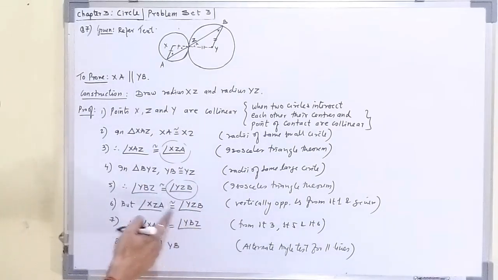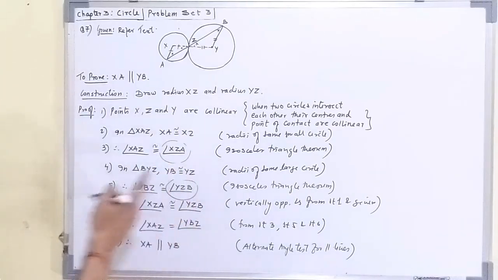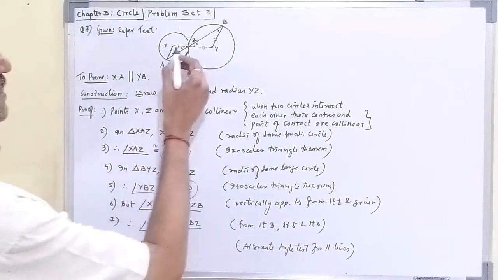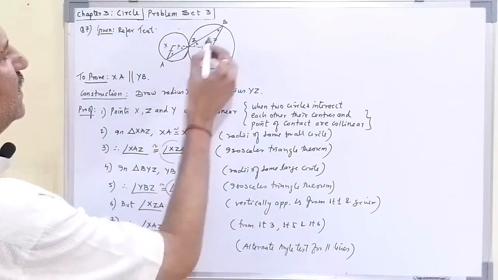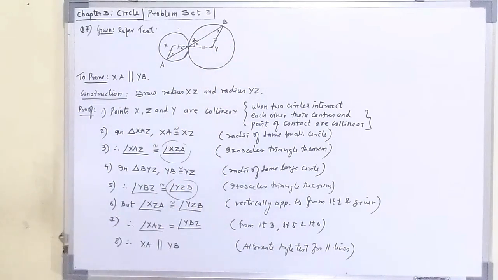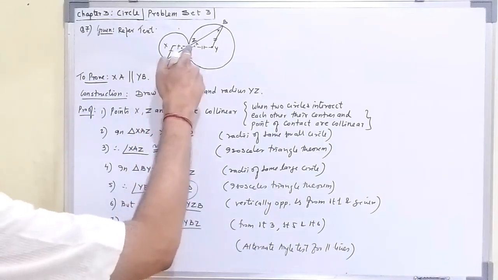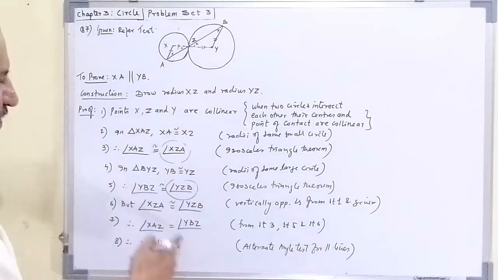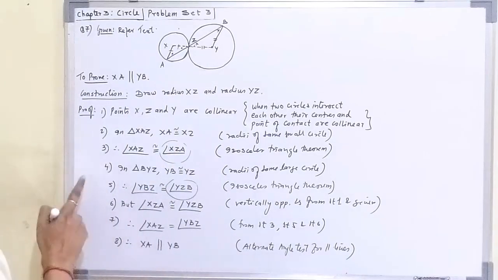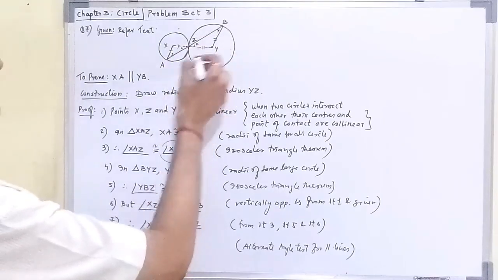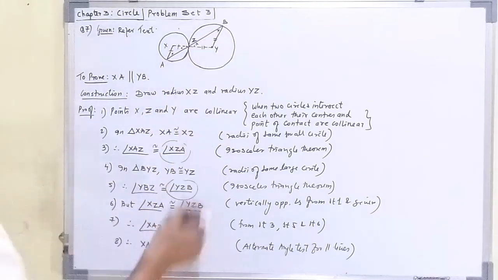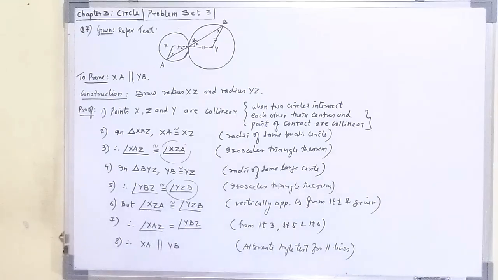Therefore, if these two are congruent, मतलब ये तो congruent हो जाते हैं, तो ये congruent हो जाते हैं. इसका मतलब अगर ये congruent होते हैं, so this and this also will be congruent. तो हमने लिख लिया therefore angle XAZ congruent to angle YBZ from statements 3, 5 and 6. ये Z form हो रहा है, therefore XA parallel to YB, alternate angle test.